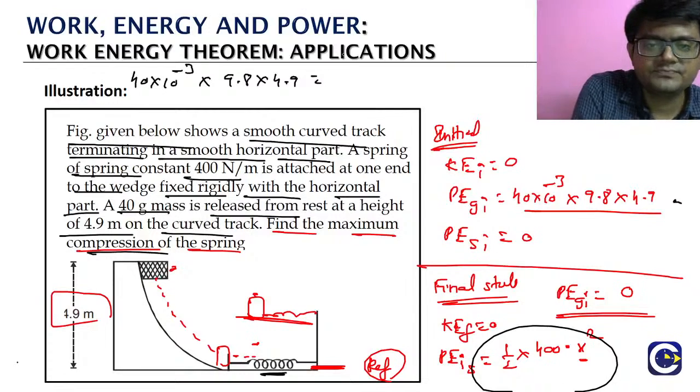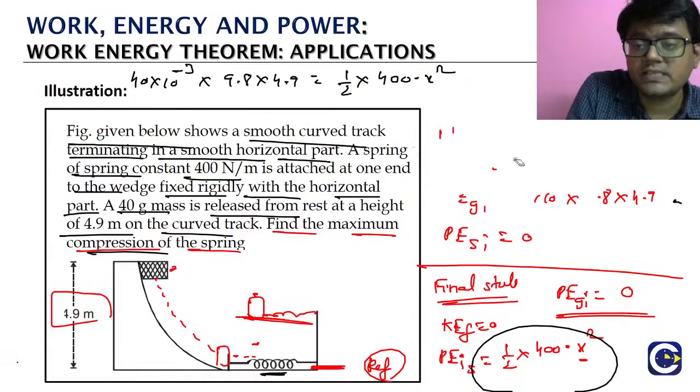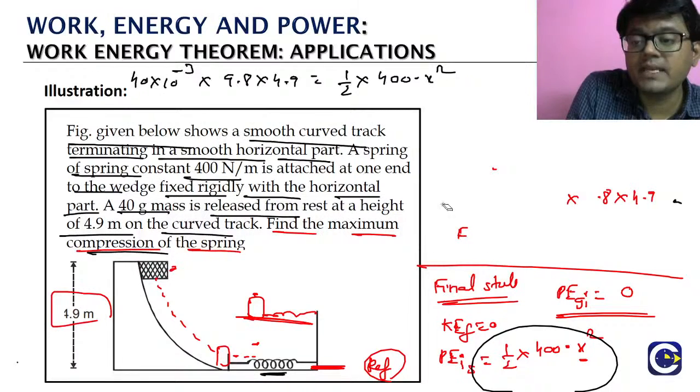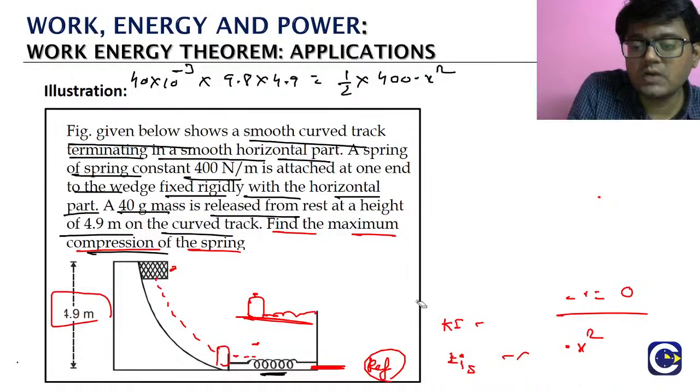Finally it is half into 400 into x square. If everything is taken in SI units, x will come in meters. So let's see what the answer for this x value will be. We need to calculate the x.